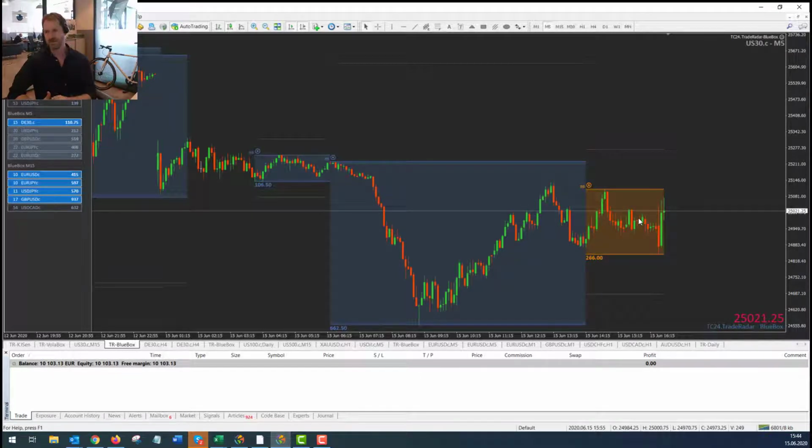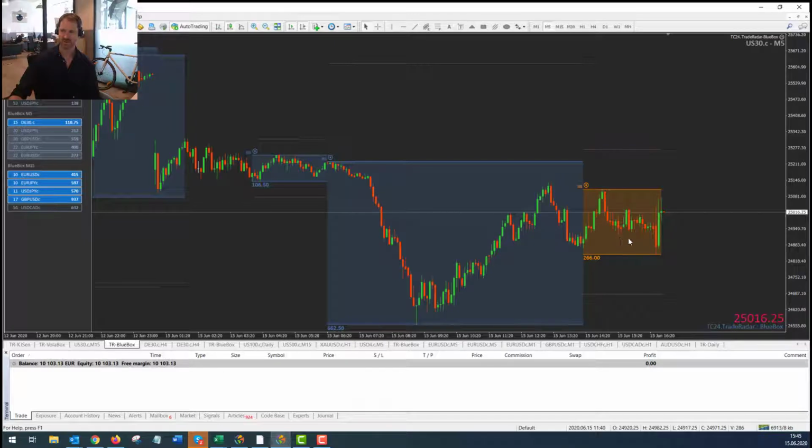The idea is that we have come up with an algorithm, and that algorithm is going to display certain boxes right in the chart. So you can use it on the DAX, you can use it on the Dow Jones, S&P, NASDAQ, major currencies, you name it. Whenever you have a nice looking box over here, and we tend to look at the blue boxes, not at the orange boxes.